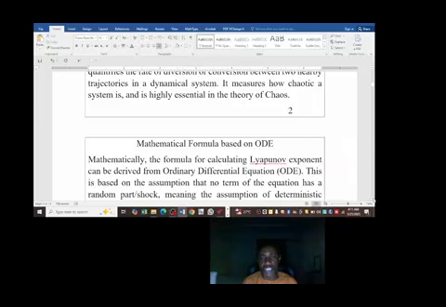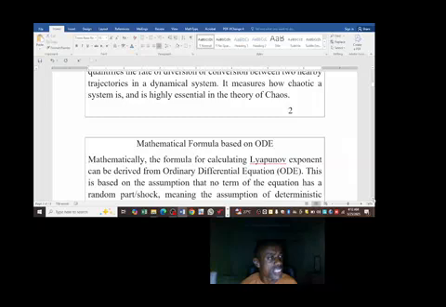Now, the Lyapunov exponent is just a coefficient or a score that can be computed given a variable or values of variables. It can be computed first using ODE, ordinary differential equation. What is meant by ordinary differential equation? An ordinary differential equation is an equation that doesn't contain a random part.